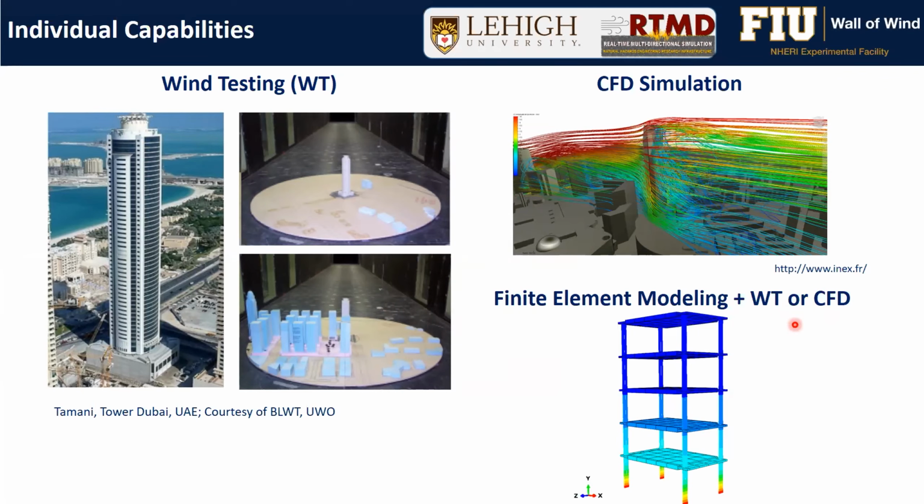But it's also missing something very important, which is some aeroelastic effects, like what I discussed earlier about the aeroelastic response of the structure. So how the structure will be deflecting under this wind, how the forces will be different under this certain deflection or excitation. So it's something that we are missing if we combine finite element with wind tunnel or CFD data.